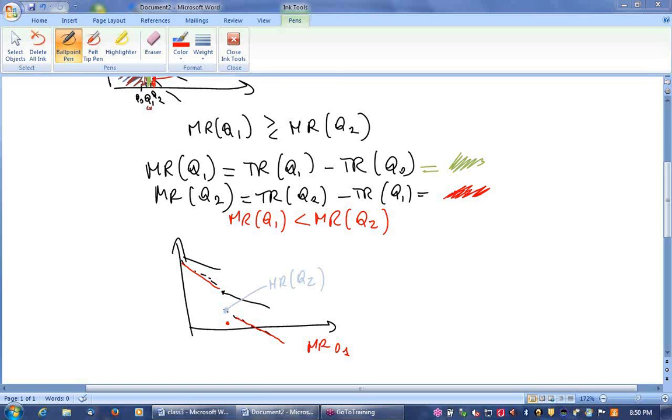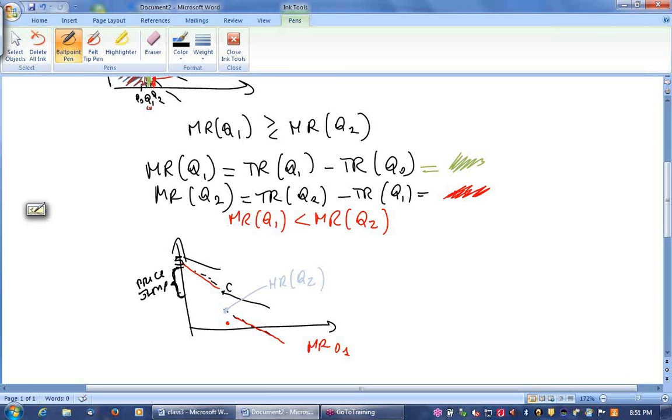The problem at point C is that in order to sell one extra unit, you have to make a big jump in price, right? Bigger than usual. Usually you are just passing, let's say, from here to here, to here, to here. But here, in this part, the price jump is big, right?